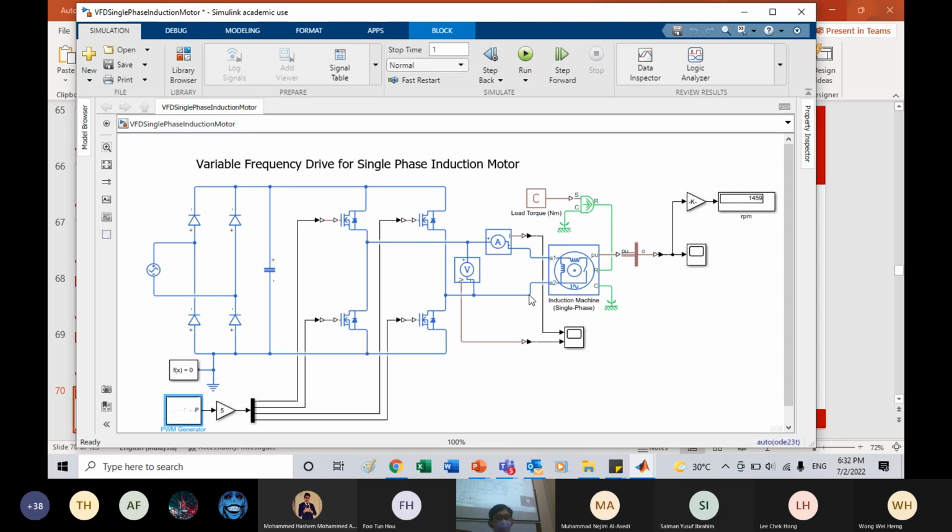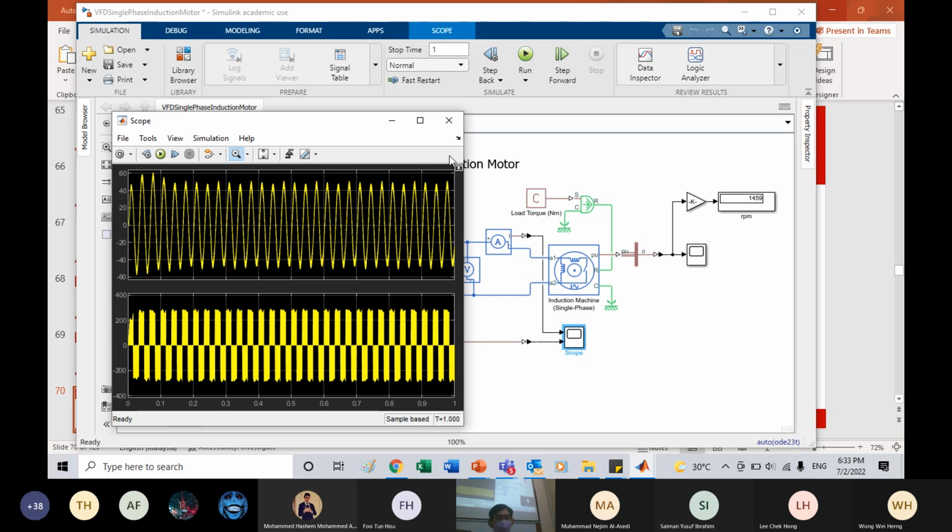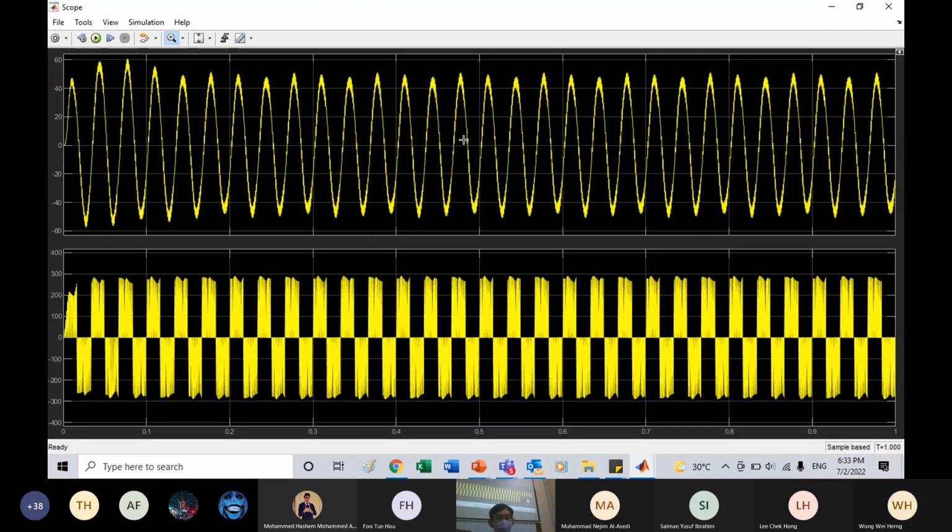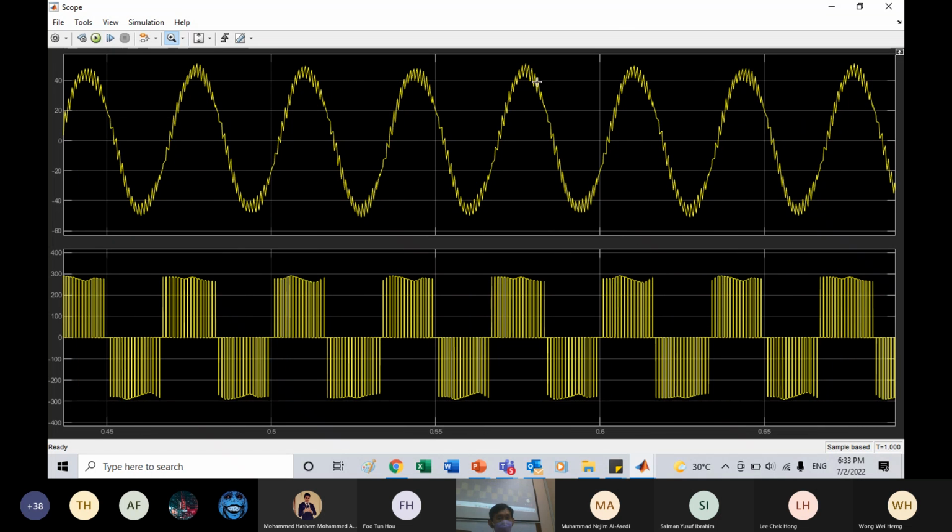Now you see the resolution of the sine wave becomes lesser. You see more spikes here, right? Because your switching frequency is only 500 Hertz. Just now I put 5,000 Hertz, it was almost very smooth. So that is the difference.